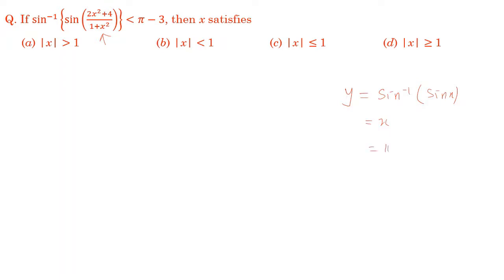It will give pi minus x if it is from pi by 2 up to 3 pi by 2, it will give x minus 2 pi if x is in 3 pi by 2 up to 5 pi by 2, and so on.